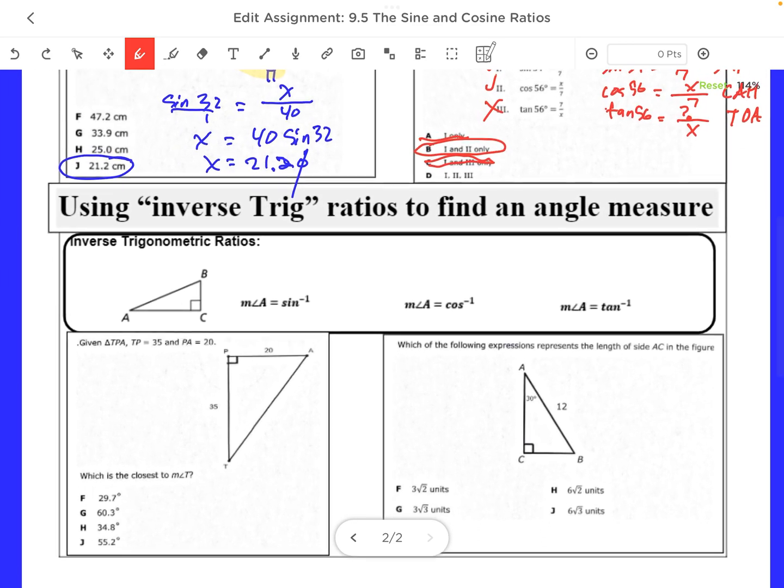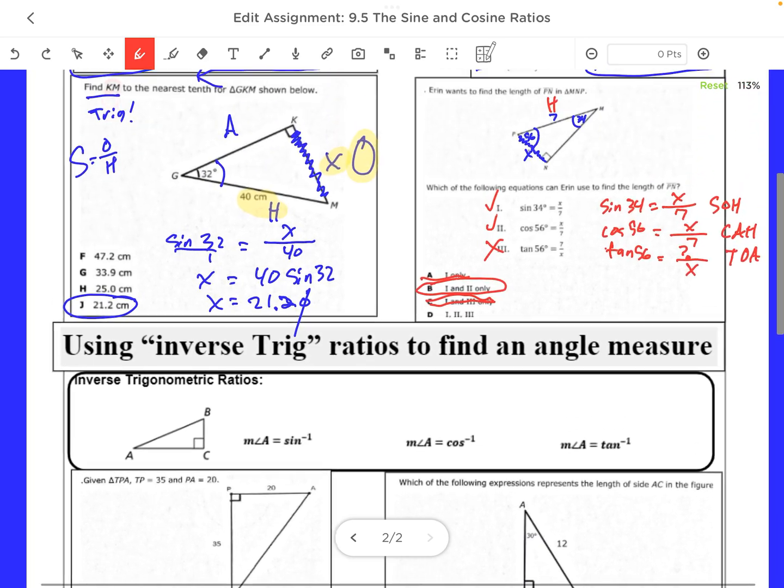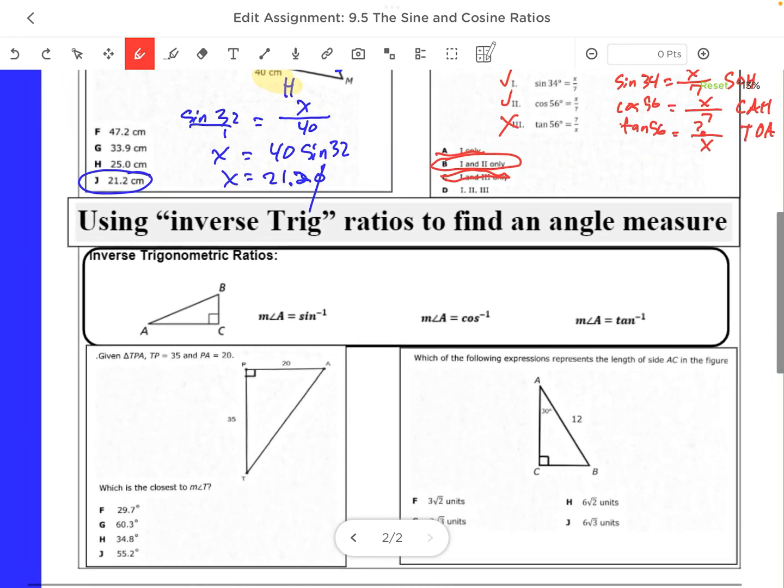All right, so now just like we did last time, we talked about trig to find the side length, and then we said we're not going to use trig, but inverse trig to find the angle measure. Okay, so inverse trig ratios find angles.